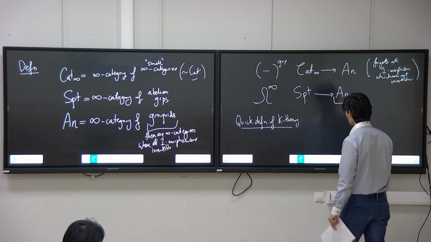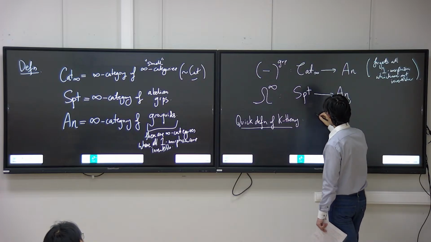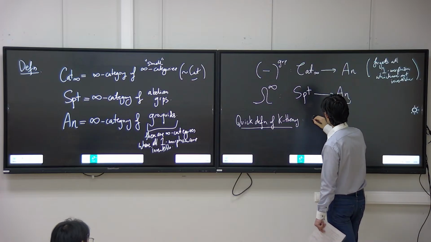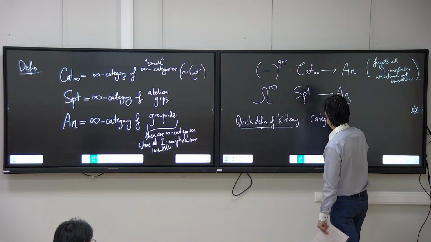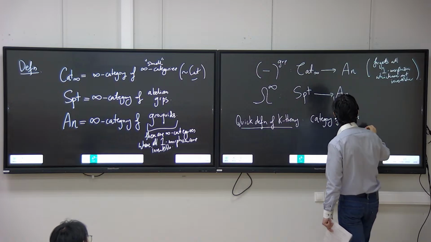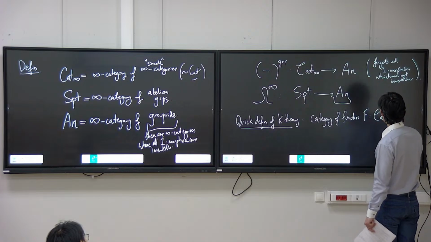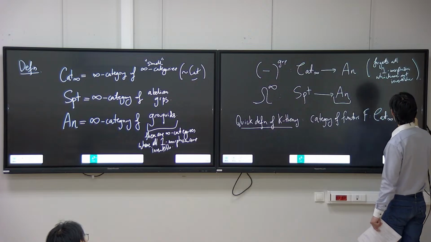It will be basically functors. So you consider the category of functors F from Cat infinity to spectra.